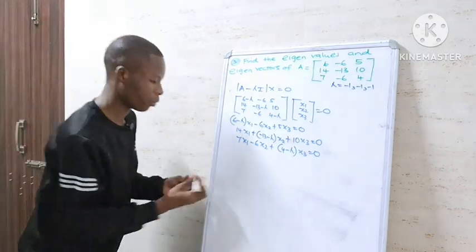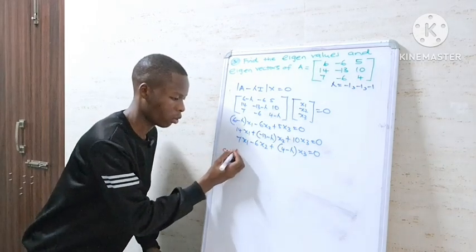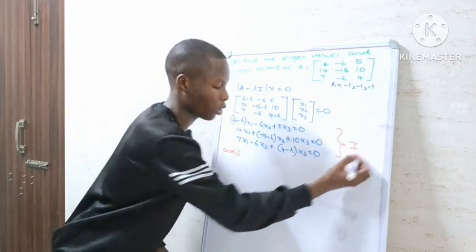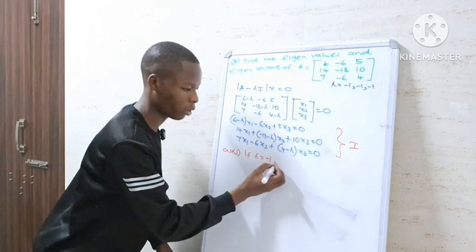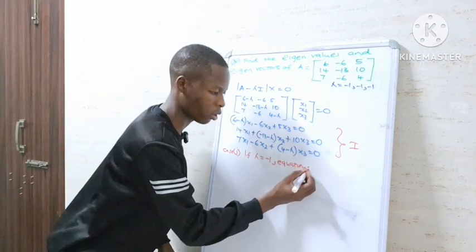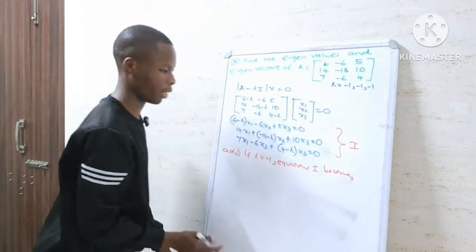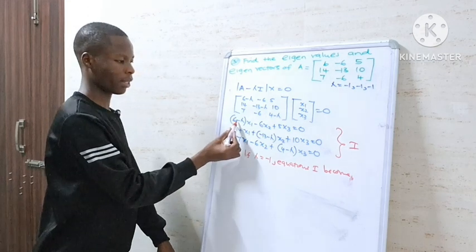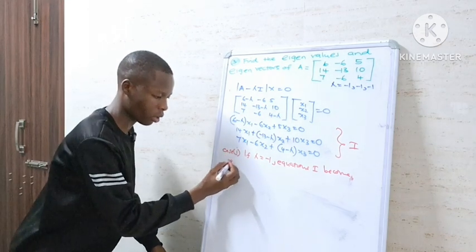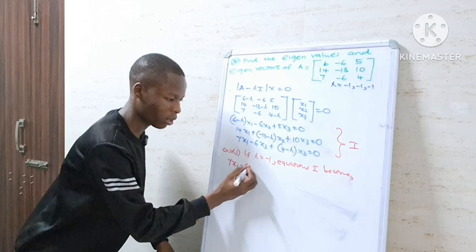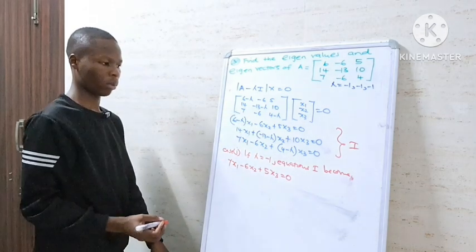Now case number 1. Case number 1: if lambda is equal to negative 1, the equations become, equation I, 6 subtract 1, this is 7. So this is 7x1 subtract 6x2 plus 5x3 is equal to 0.